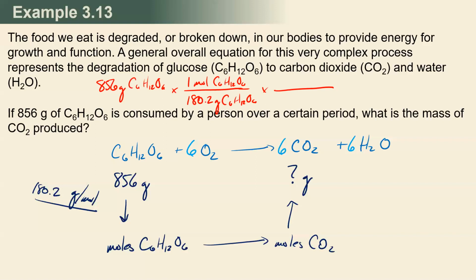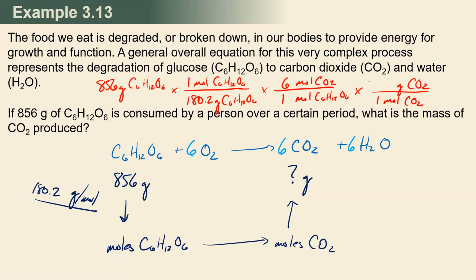Abigail, what's my mole to mole ratio here? How many moles of CO2 for every mole of our sugar? 1 to 6. What goes on top? Or, I mean 6 to 1. Sorry. Yeah, that's how I would say it. 6 to 1 CO2 to sugar. Who's calculated the molar mass of CO2?